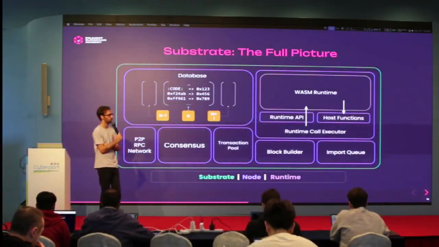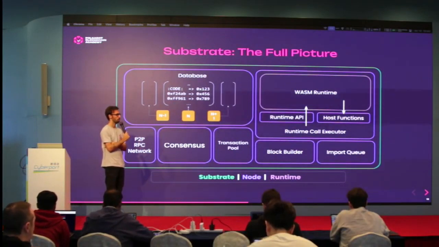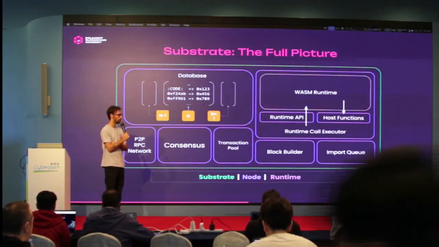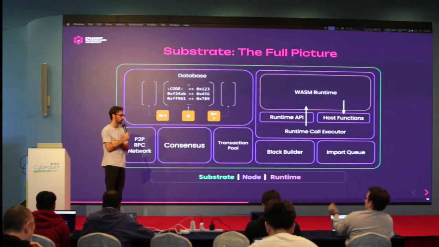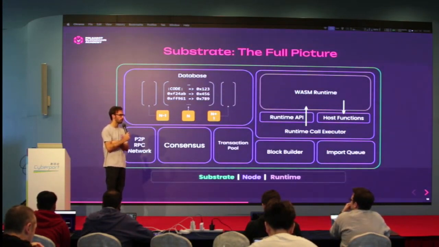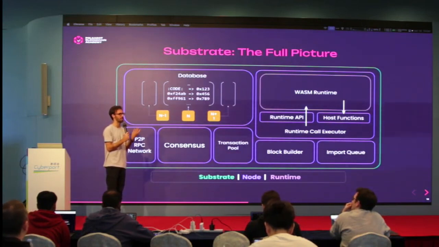Who is actually assessing that this code is okay, is valid, is not malicious? Everyone else. Because if the code is not the canonical code, it will produce a different output, right? So let's say there's code that says, for example, whenever I receive a transfer, it will add 10 to it. It will double spend in my benefit.